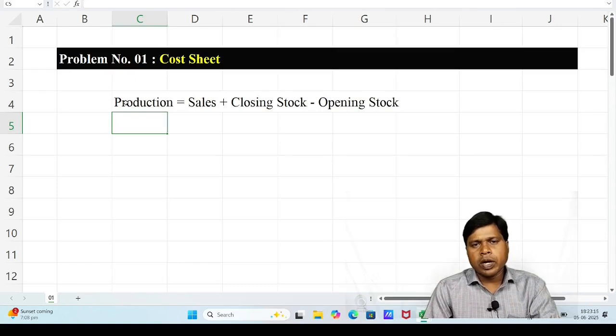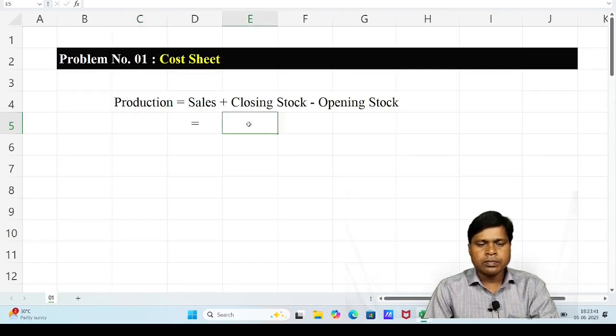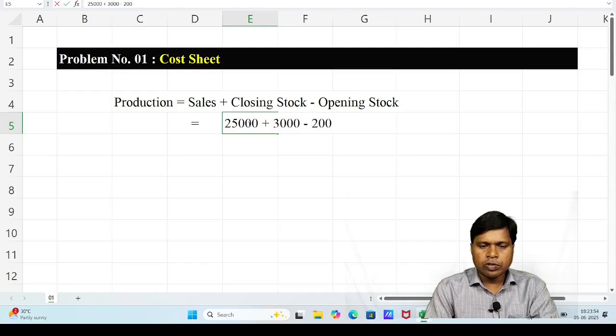Closing stock should be added because closing stock means current year stock, and opening stock means previous year stock. So we have to calculate current year production. Units sold during the year 25,000 plus closing stock 3000 units minus opening stock 2000 units.